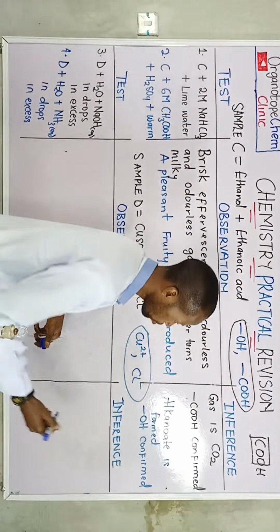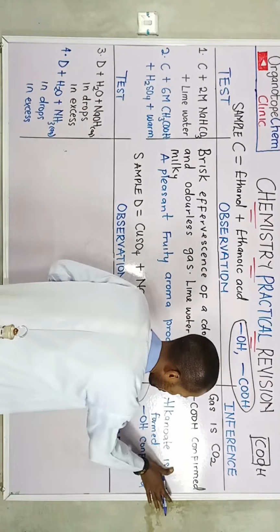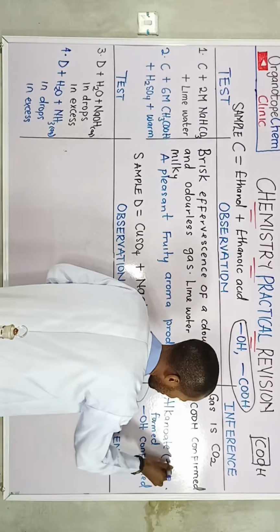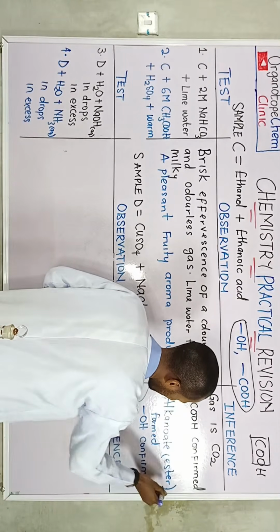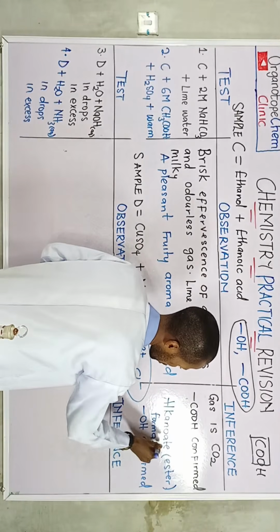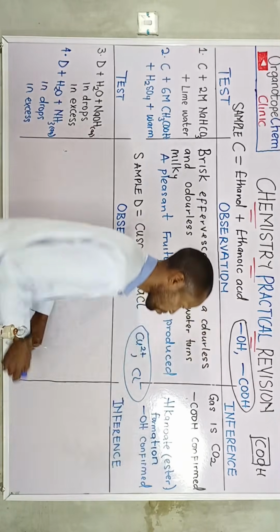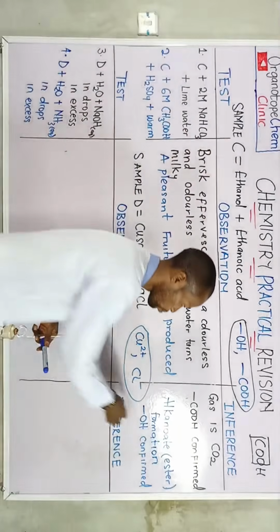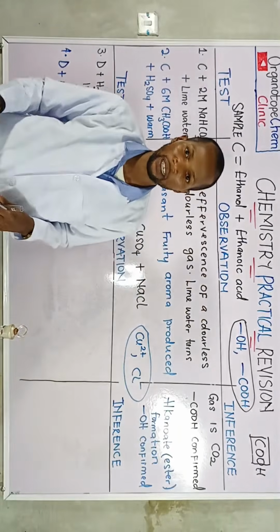So we can bracket it depending on what you intend to write. It is either alkanoate or ester formation. Okay, alkanoate or ester formation. So we've been able to confirm the OH group there. Is that okay?